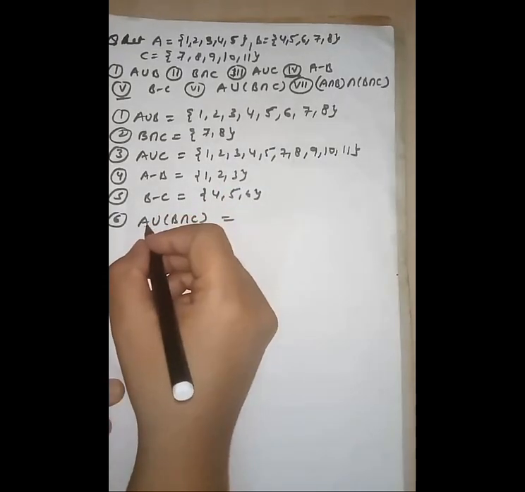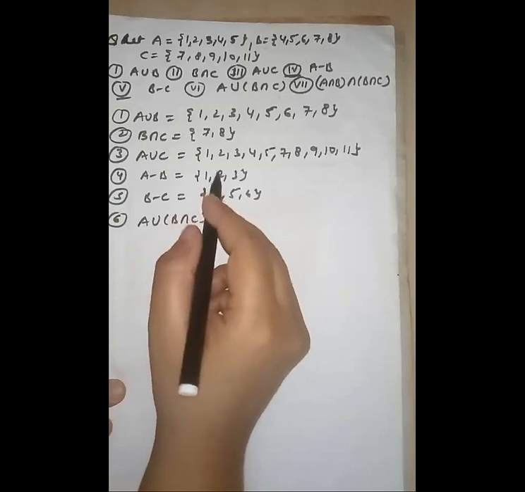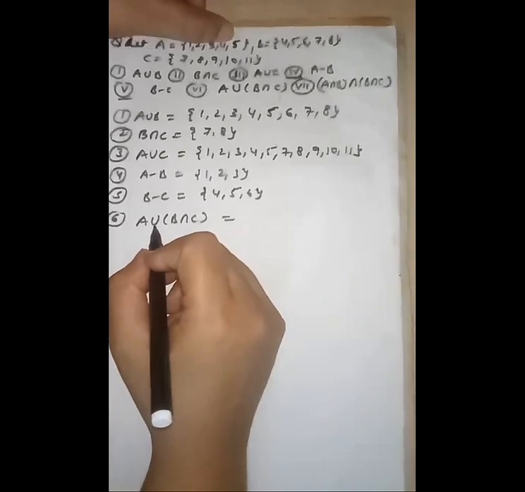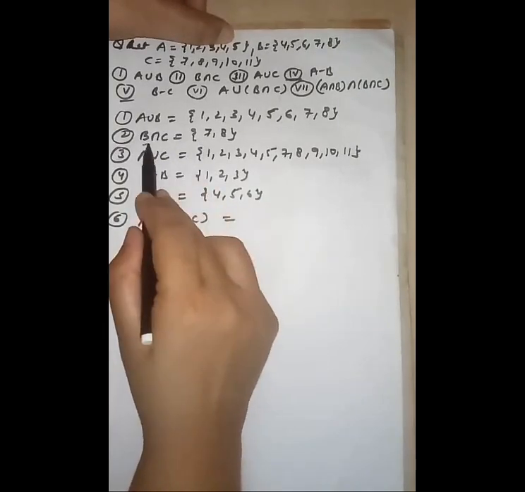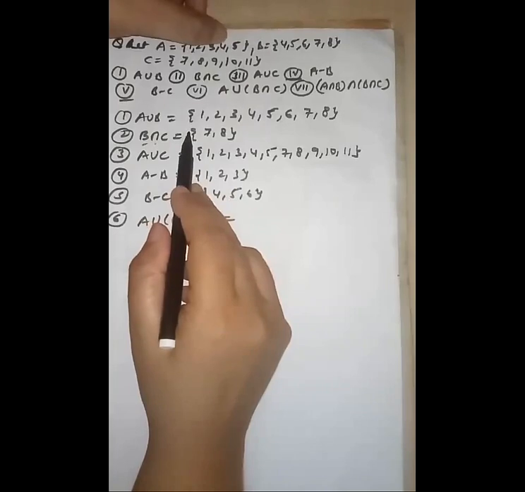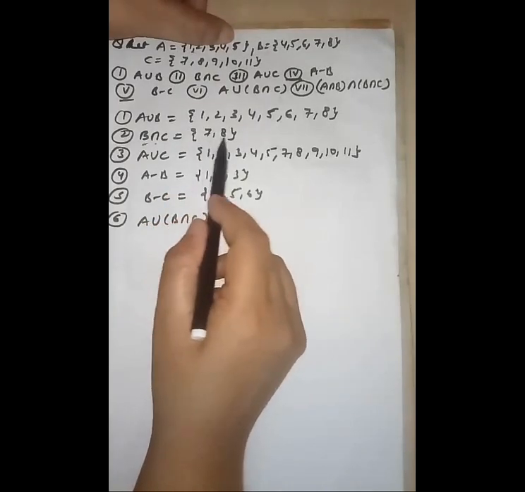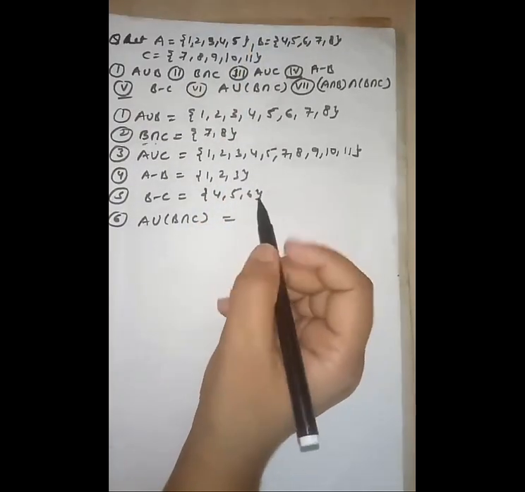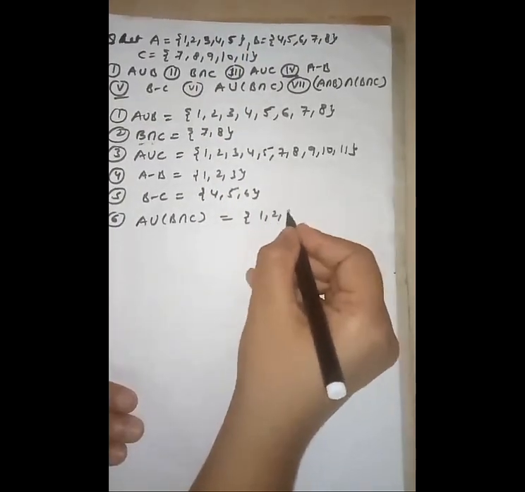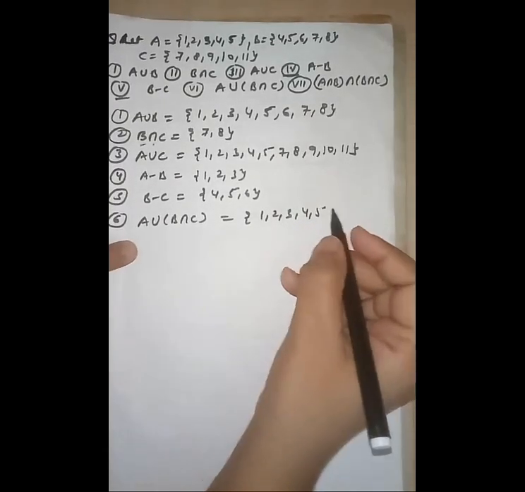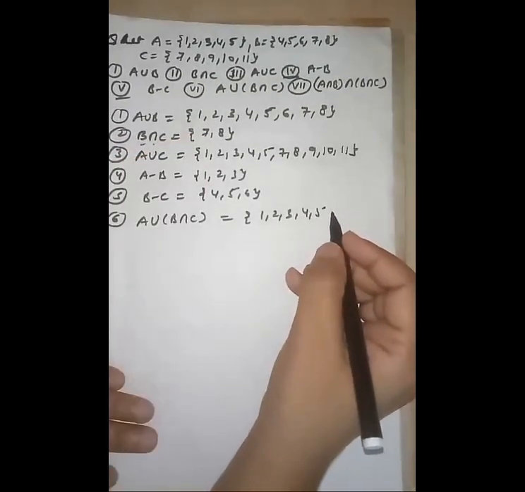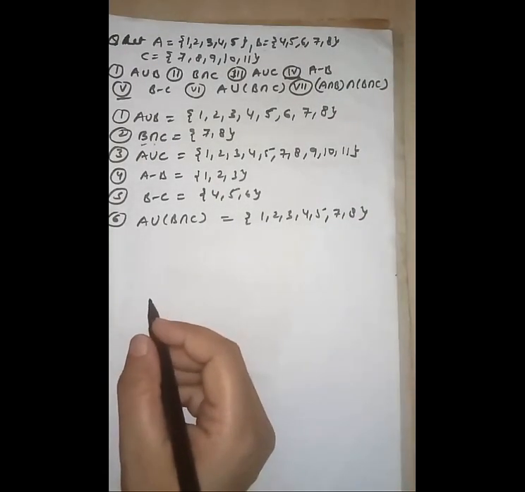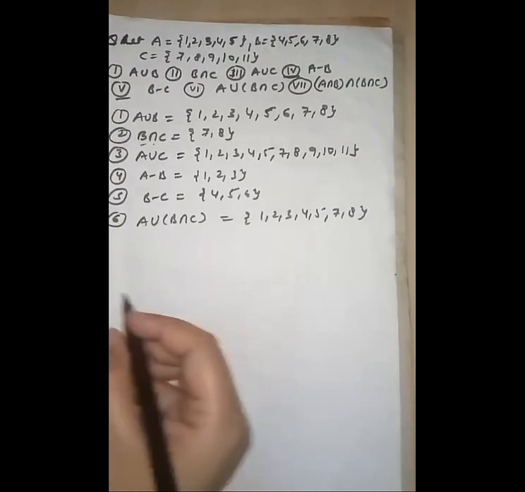So you are taking the A union of B intersection C. So here A is 1, 2, 3, 4, 5 and now you are taking the union of this set, B intersection C. It means 1, 2, 3, 4, 5 and union of this one, combined A set to B intersection C set. So it comes 1, 2, 3, 4, 5, 7, 8. Firstly write the elements of A and now the elements of B intersection C, and this one is 7, 8. So this is the answer of A union B intersection C.